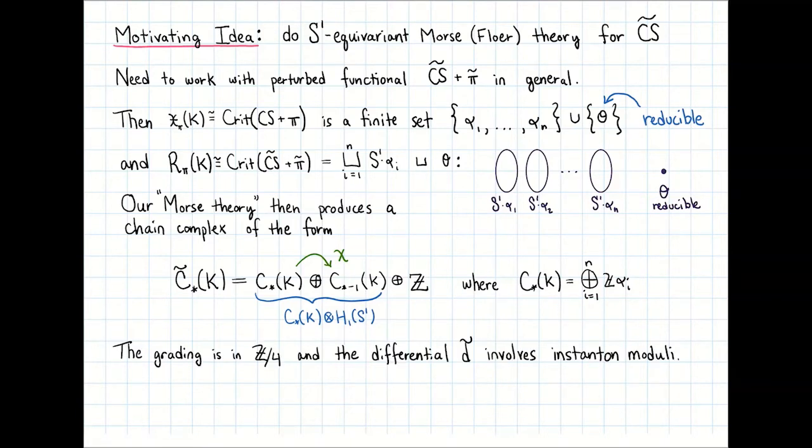As we're doing Floer theory, the grading turns out not to be in Z, but in Z mod 4 in this case. And the differential, which we call d tilde, involves certain singular instanton moduli spaces. I won't write this down, but you can look at the paper if you want more details.